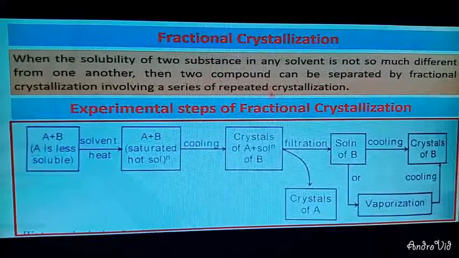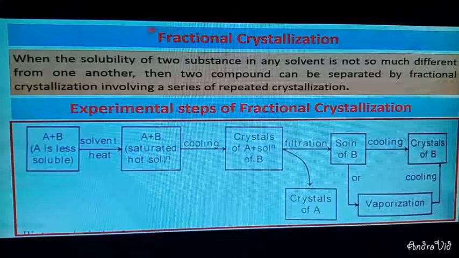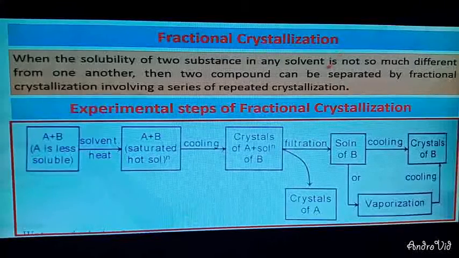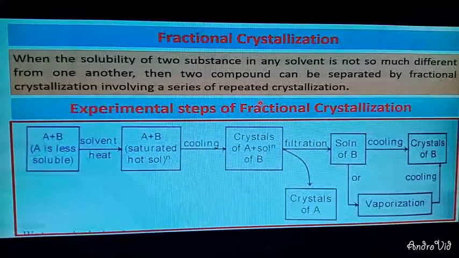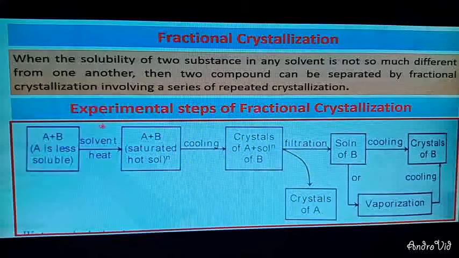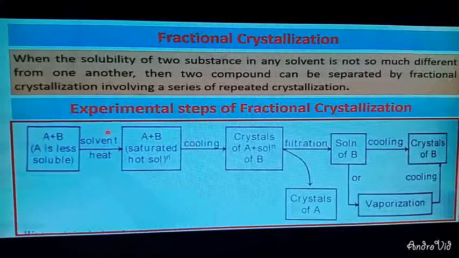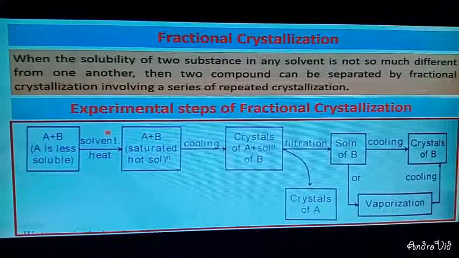So by the process of fractional crystallization, you will be able to separate two solid substances from any solution, where the solubility difference of these two substances must not be large. The solubility of the two solid substances must be close to each other.